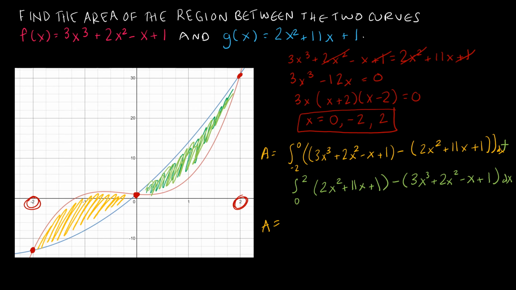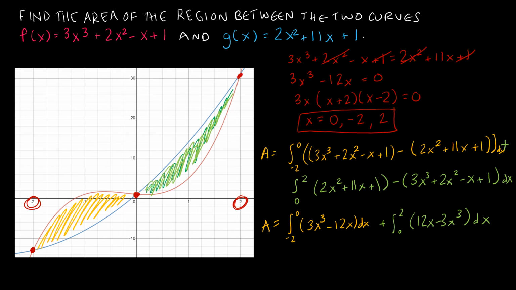So again, now to find the area, I just need to do a whole lot of simplification. For my first one, from negative 2 to 0, that simplifies into 3x cubed minus 12x dx. And for my second region, my green region, from 0 to 2, it simplifies to 12x minus 3x cubed dx.